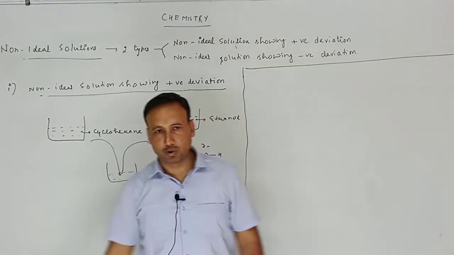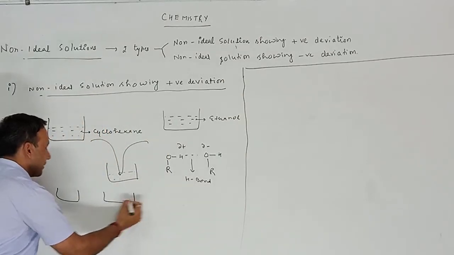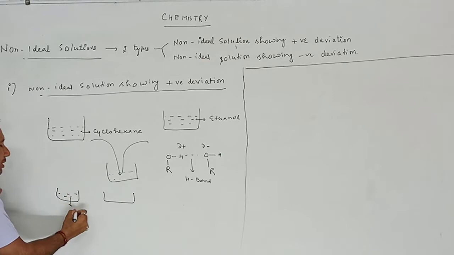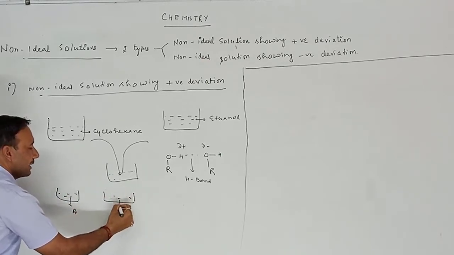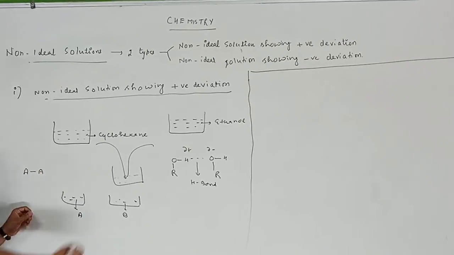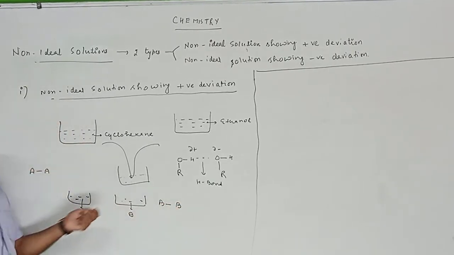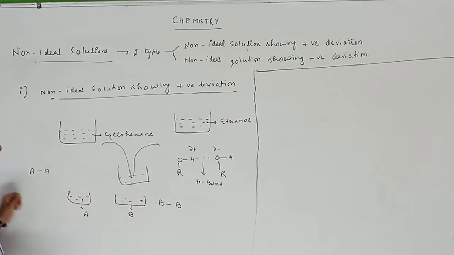It means, suppose we have two liquids, a pure liquid A and a pure liquid B. In pure liquid A, the intermolecular forces are between A and A molecules, and in pure liquid B, the intermolecular forces are between the B and B molecules.